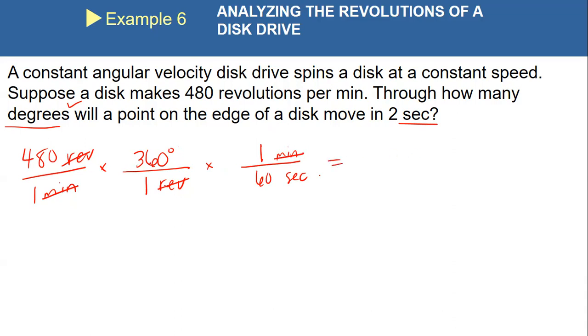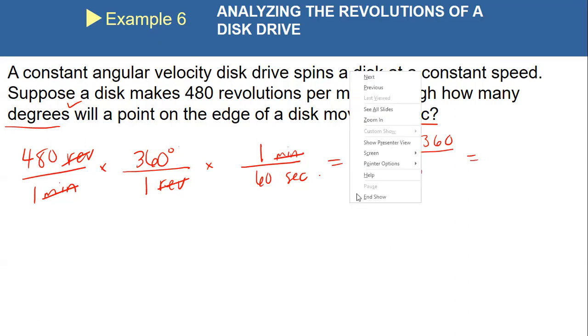Okay. So now all you're doing is multiplying. So we have 480 times 360 over 1 times 1 times 60. So we're going to do 480 times 360 divided by 60.